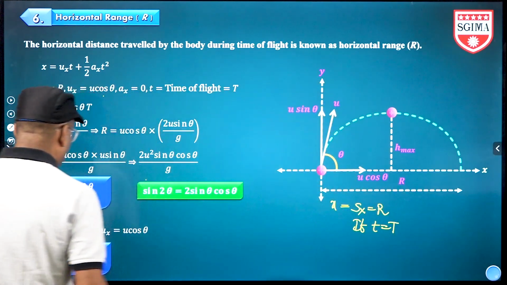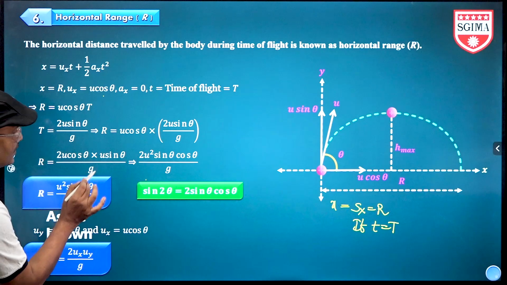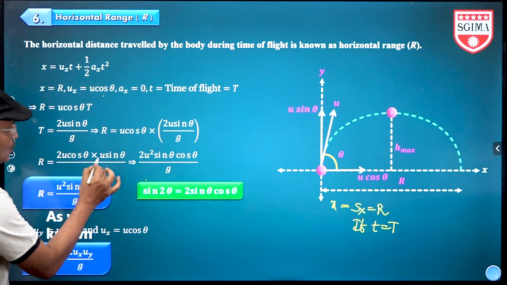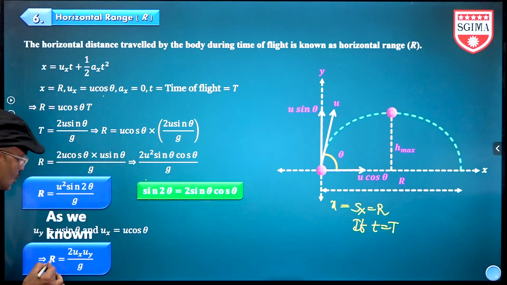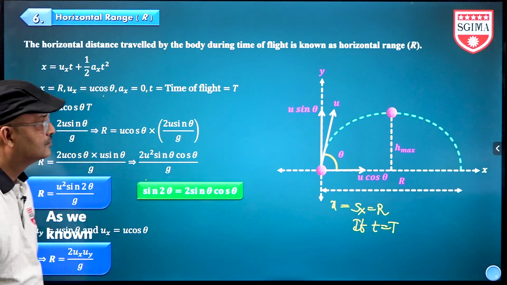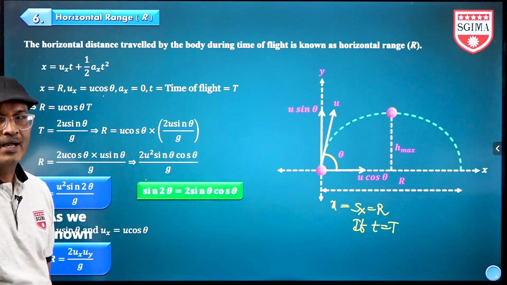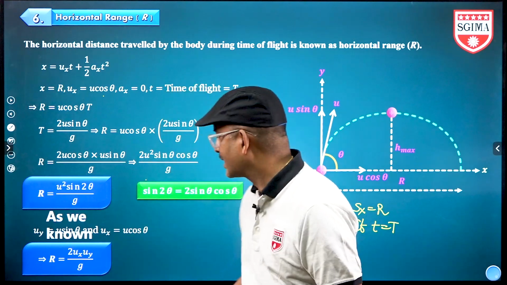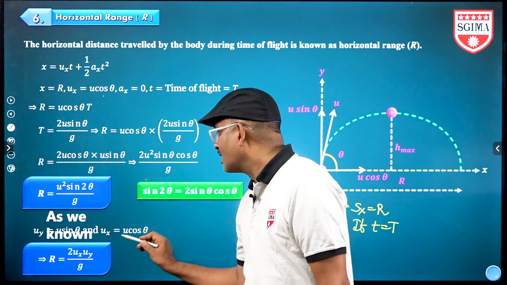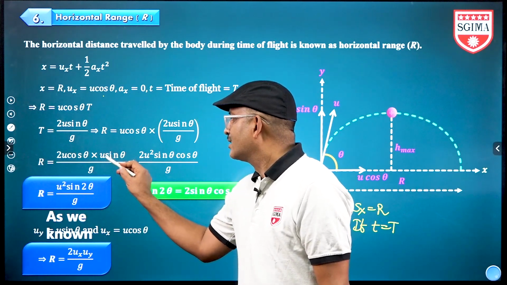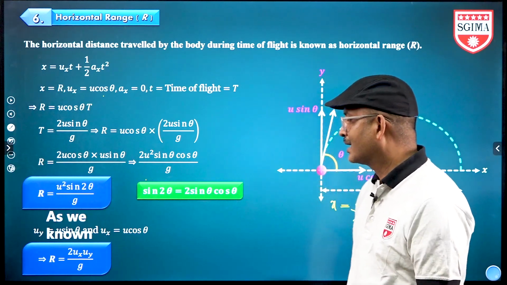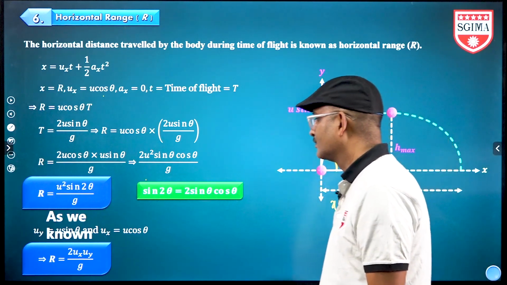Here we can write u cos theta is ux, u sin theta is uy. So, instead of u cos theta I can write ux, instead of u sin theta I can write uy. So, range is equal to 2ux uy by g.